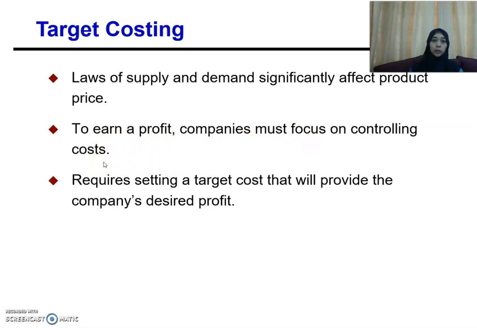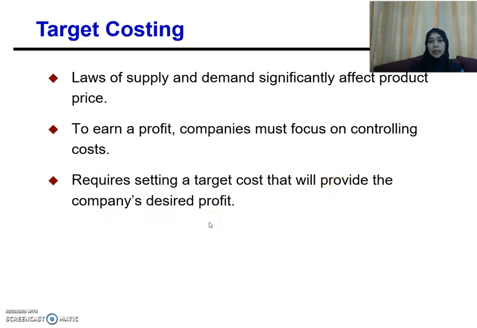Of course, if you want to have a reasonable amount of profit and a high amount of profit, you must focus on your costs. If you cannot control your cost and your price is not competitive enough, there is a tendency that you are going to suffer losses.